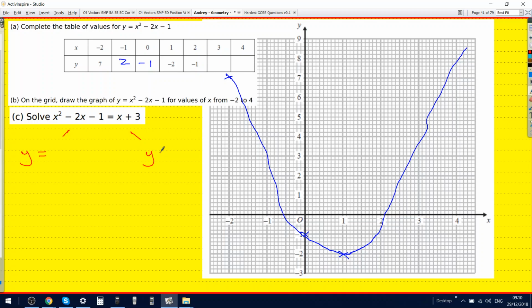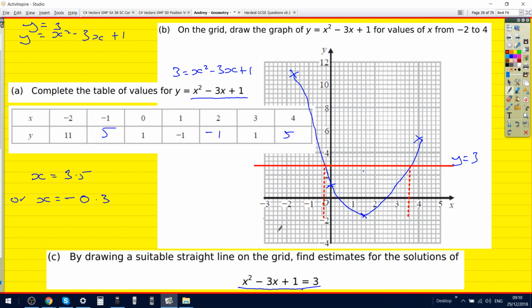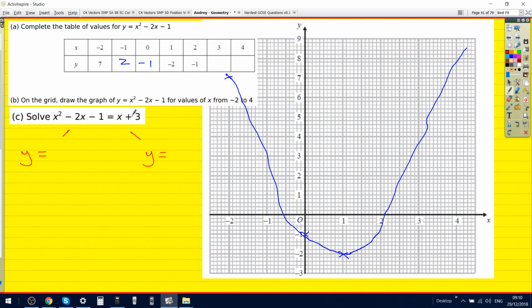It means draw the line y equals x plus 3 and see where they cross over. So for these ones, you drew the line y equals 4 because it was equal to 4. For this one, you drew the line y equals 3 because it was equal to 3. Now it's equal to x plus 3. So you draw the line y equals x plus 3.